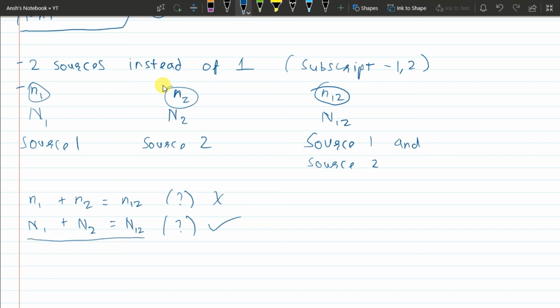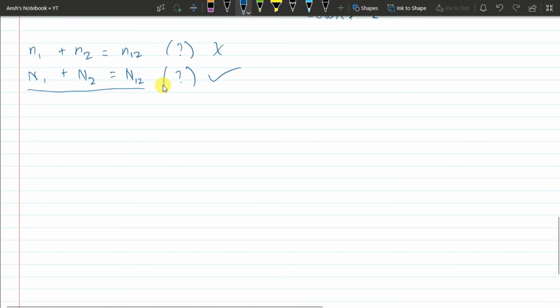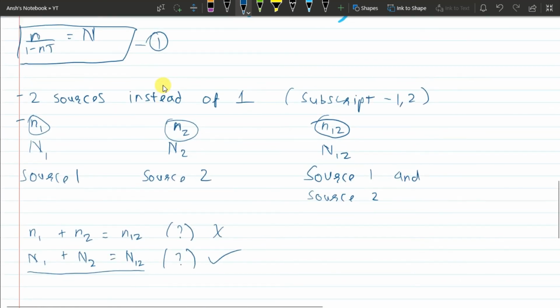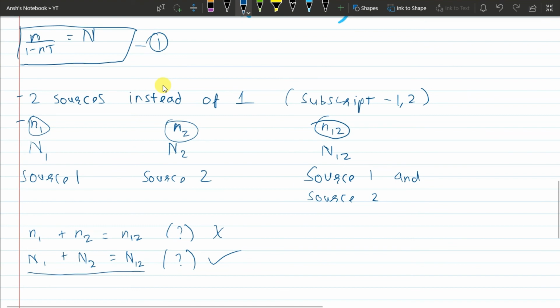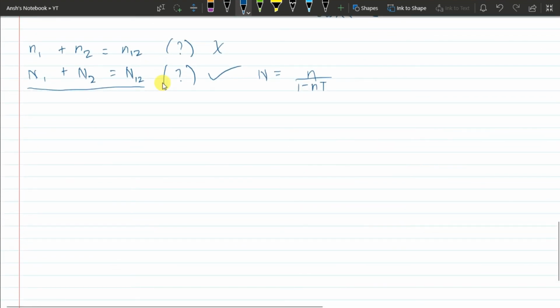So we select this relation and then we proceed again with the calculation. So we'll use a relation we derived right here, which is equation one. I'll write it again right here. So we have that capital N is equal to small n upon 1 minus small n t. Right. So now we'll substitute the variables for all these three terms.